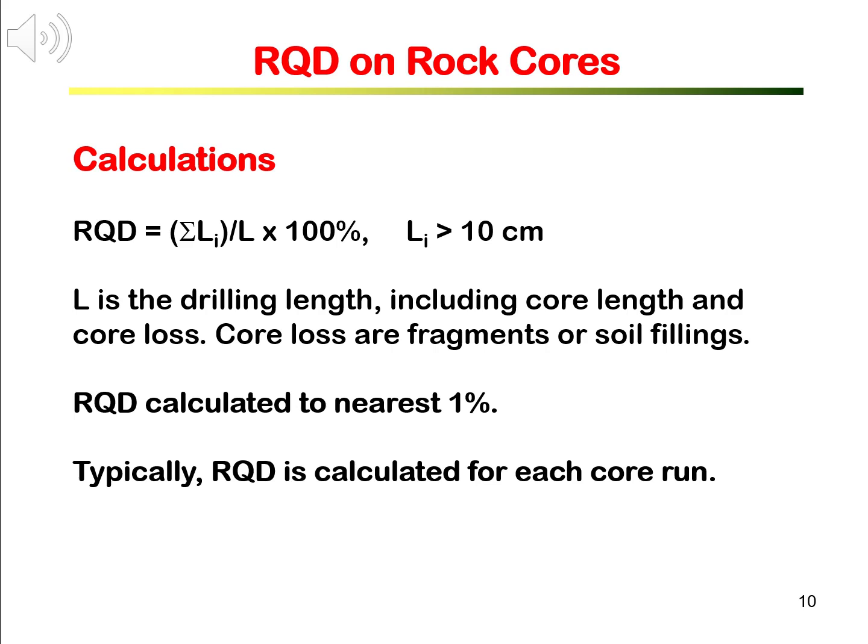RQD should be calculated to the nearest 1%. There is really no need to go to decimal places in practice. As I mentioned before, typically RQD is calculated for each core log.